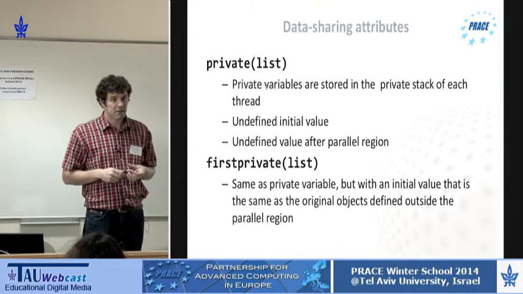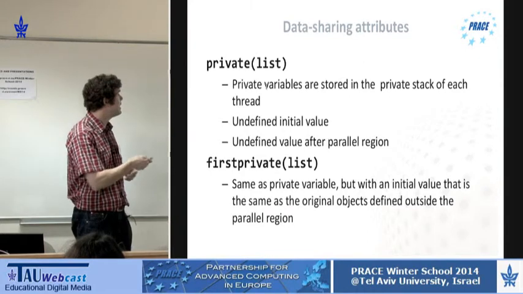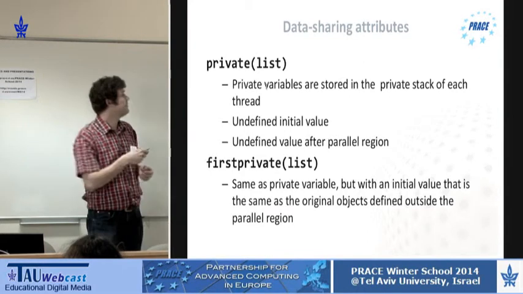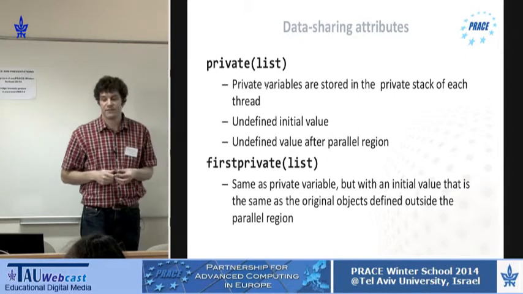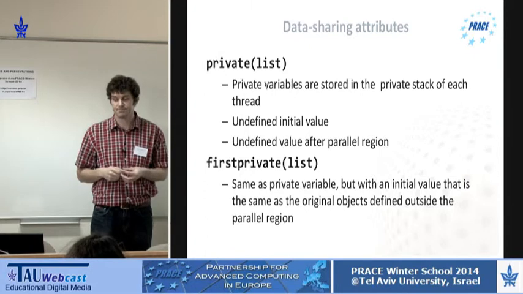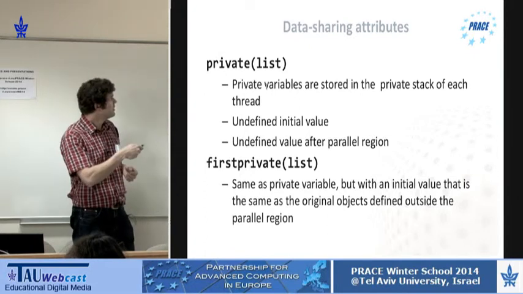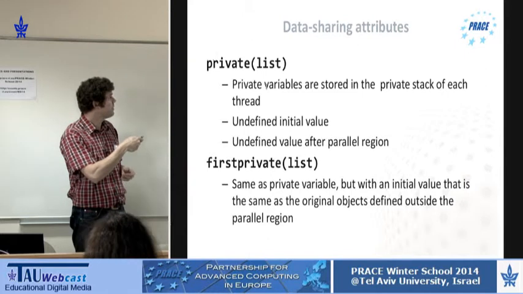When creating the parallel region, one can add these data sharing attributes there and list variables that should have a definite visibility among the threads. So one option is that we make the variables private.